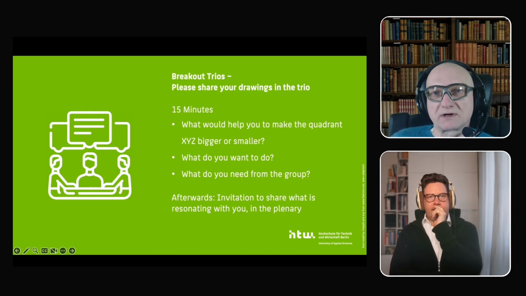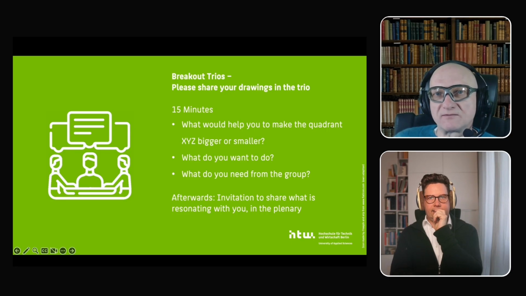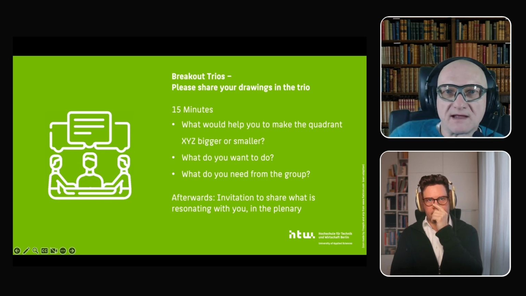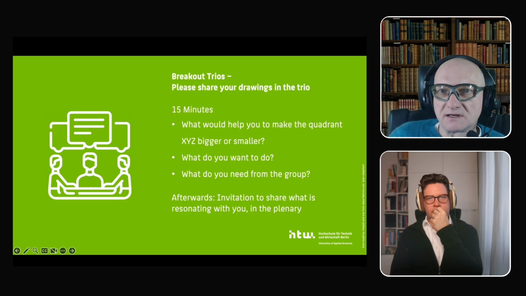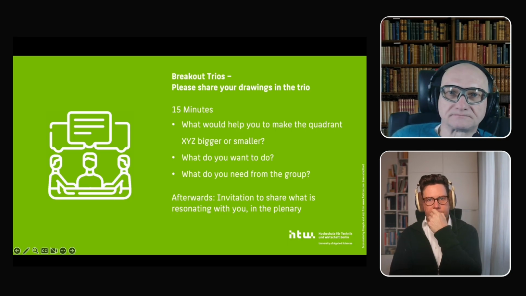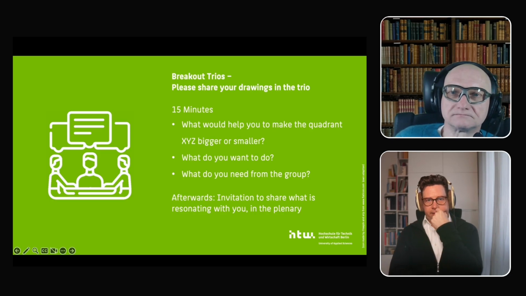But this is much more a course where we facilitate the possibility for the students to experiment with their own behavior in the safe space of the plenary that is provided by us teachers and lecturers. So that is the Johari window exercise.